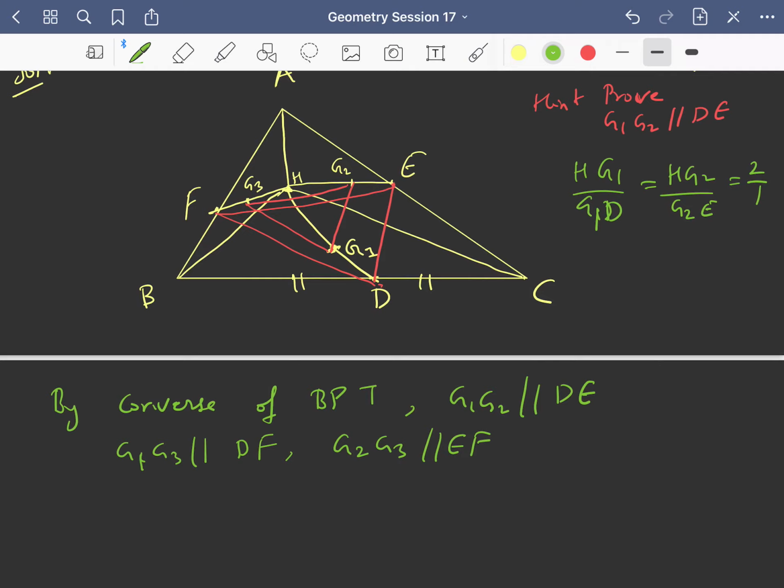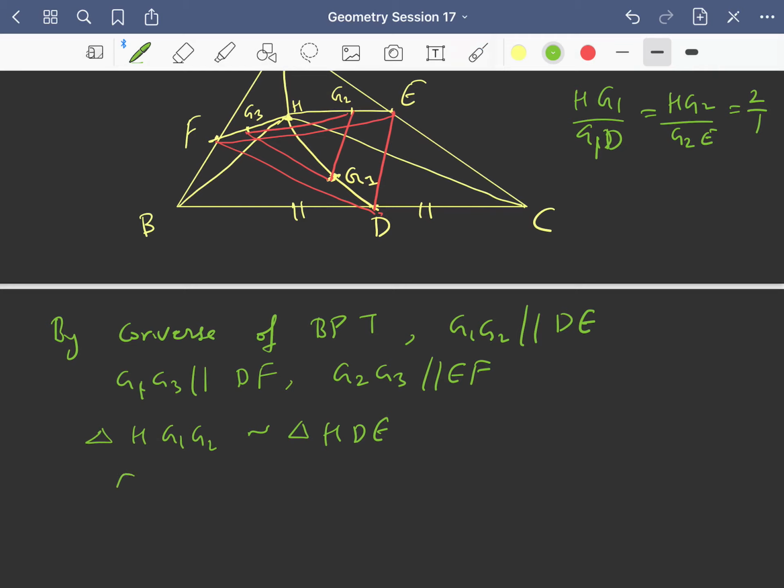Now, let us use the relation of areas for similar triangles. Triangle HG1G2 is clearly similar to triangle HDE, because this is parallel. So the area of triangle HG1G2 by the area of triangle HDE is how much?